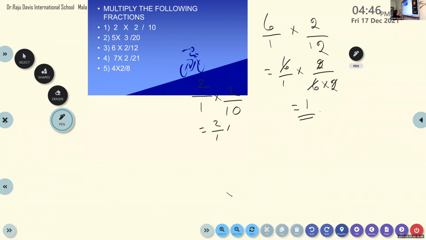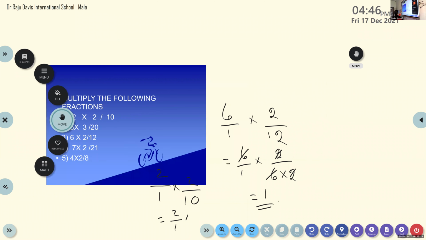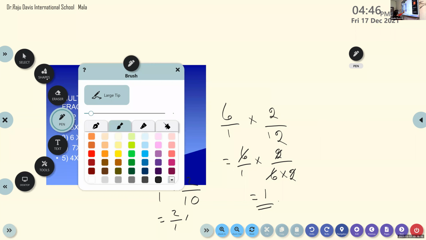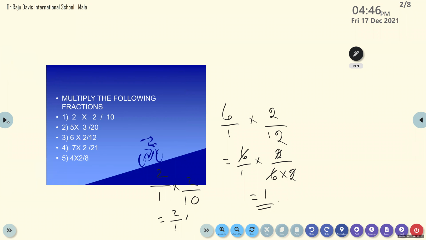Yes. 2 by 2 is equal to 1. How did we get 2? It's 1, right? Answer is 2 by 2. 2 by 2 means 2 and 2 will get cancelled, so the answer is 1. Ma'am, so we write only 1, not divided by? No, 1 means 1. Okay, ma'am.